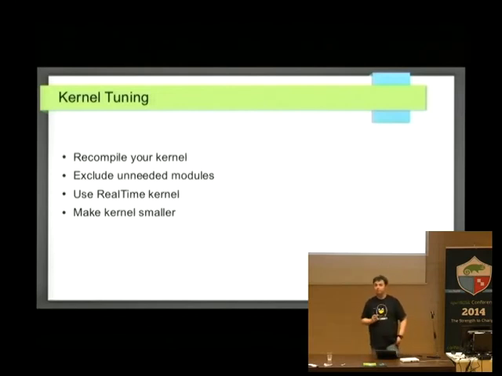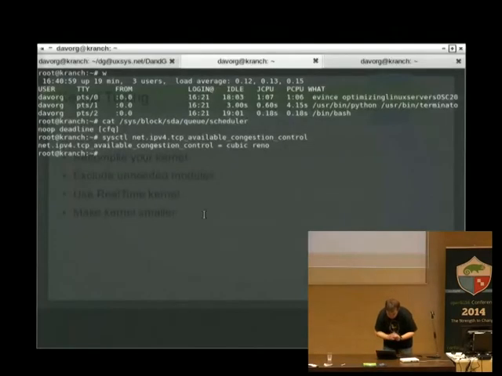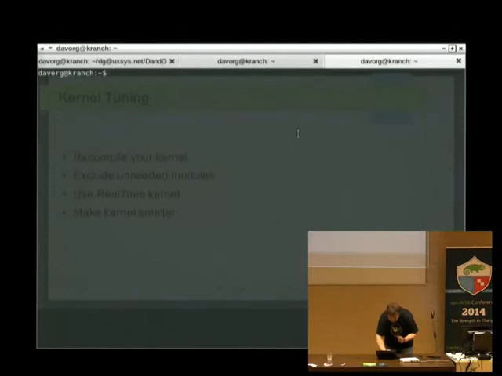You can buy from them a real-time kernel, but real-time kernel options on Red Hat and SUSE are not cheap. So if you want to recompile your kernel, I have, just a second, one PDF where you can see which are the best options for recompiling.